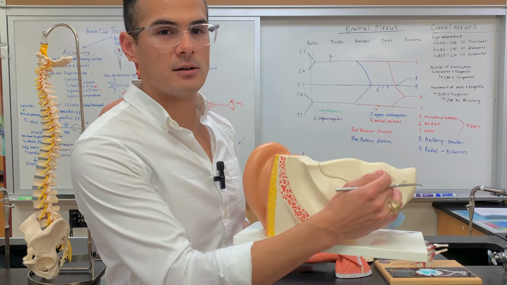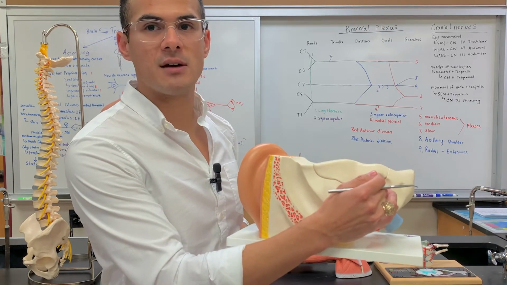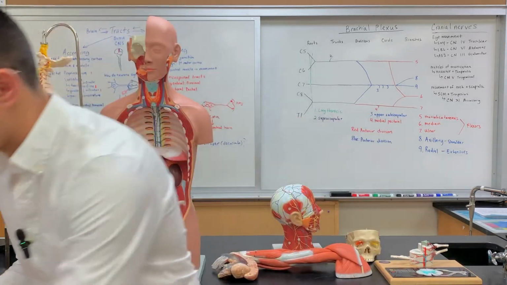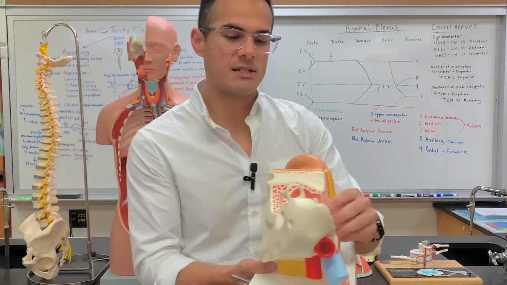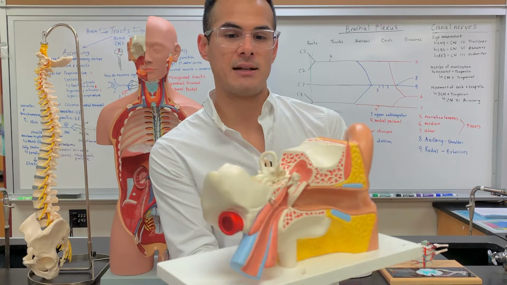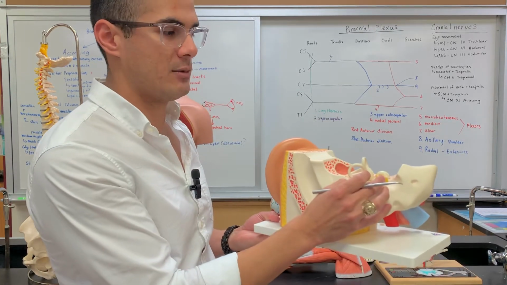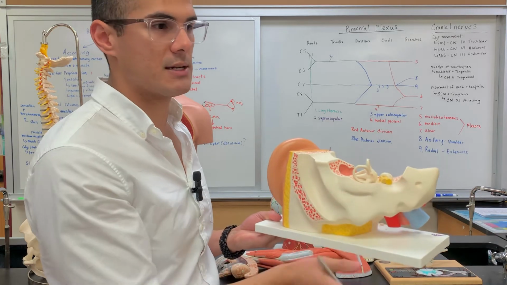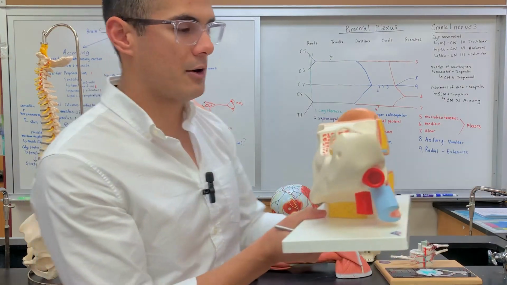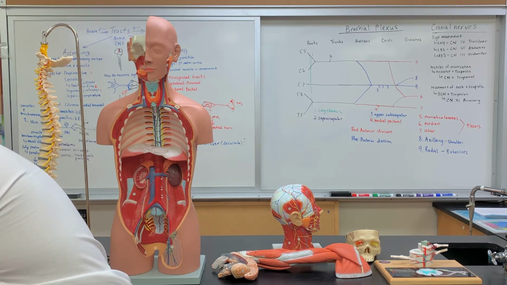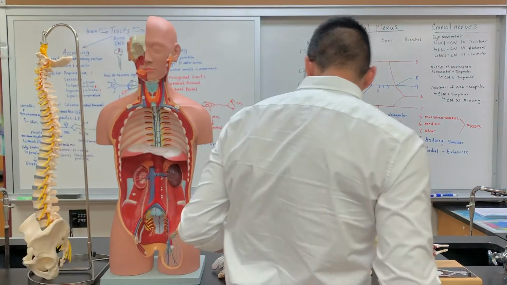This is where the vestibulocochlear nerve is coming out of. If I take this top part off, you can now see some of the organs for hearing and balance, which are right here. And this is cranial nerve 8, which is coming through the internal acoustic meatus. Okay, so that's cranial nerve 8.